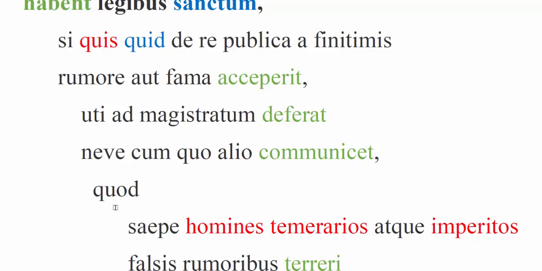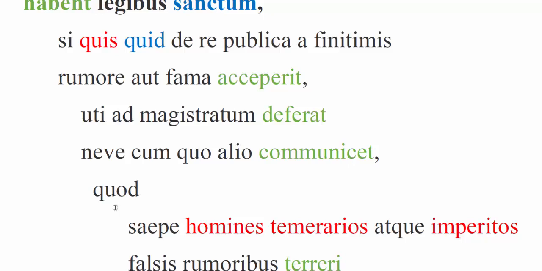Si quis quid. Now, we know that after si, nisi, num, ne, ali takes a holiday. But in this case, when we see this particular quis quid structure after si, both quis and quid are going to get ali tacked back onto them. Si aliquis aliquid is how that works out. If anyone receives, or finds, or something like that, hears actually is going to make good sense for us here.